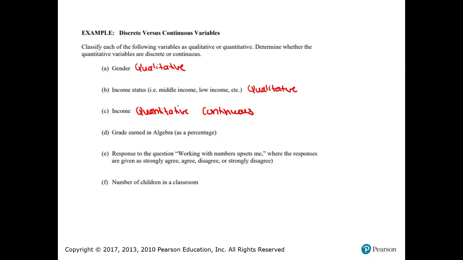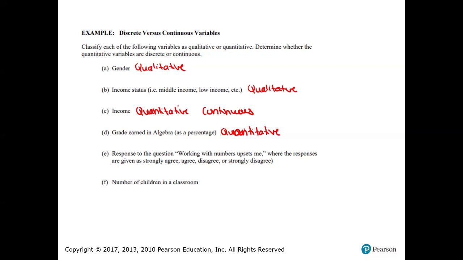All right, next one. The grade earned in algebra as a percent. We can work and do calculations with percents. So this is quantitative. And again, is this a value you count, or is it a value that's calculated?